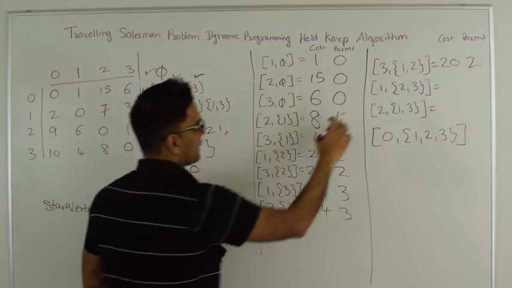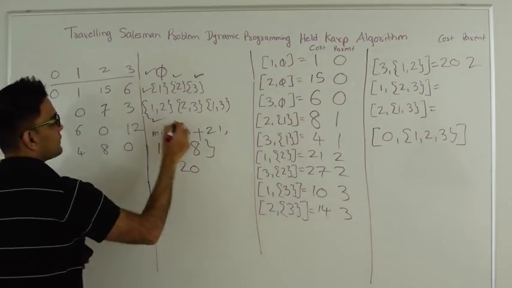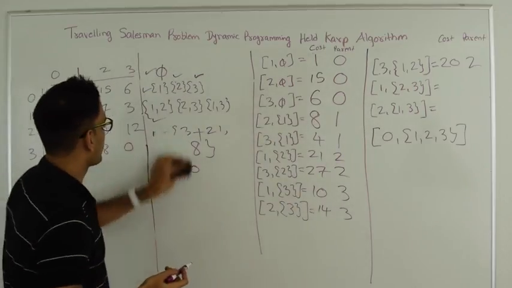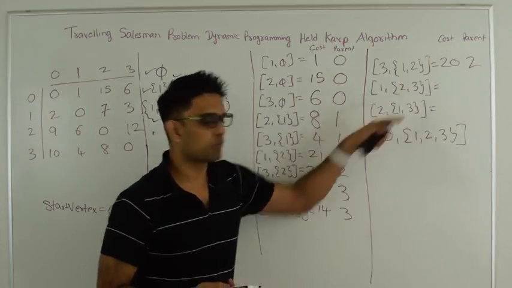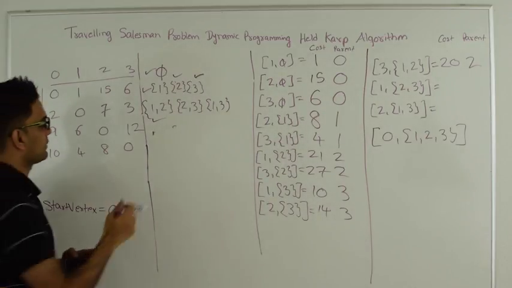Next, let's try to find for 2, 3. So we are trying to find the minimum it takes to reach 1 going via both the vertices 2, 3 from start vertex 0.